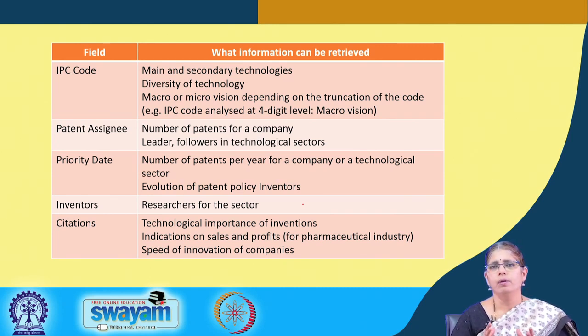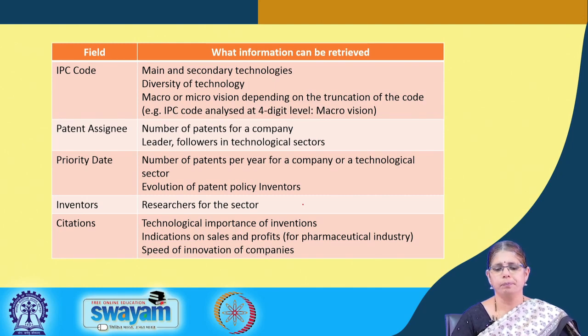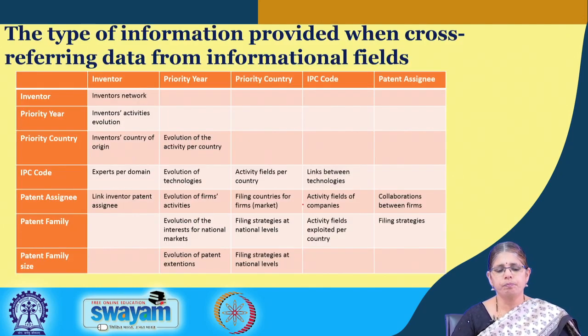So, what one can do is, from the landscape a set of patents can be taken out and put in this particular citation tool, which provides maps in relation to understanding citation data. So, there are different data sets which are useful in relation to patent landscapes.